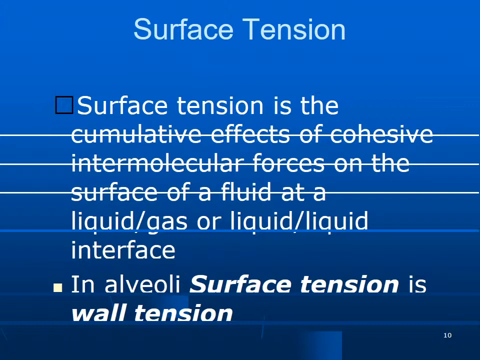So small alveolar spheres would be more difficult to expand than large ones. Did I say it backwards? If R is small, you need more pressure to keep them open. The smaller alveoli are more likely to collapse.